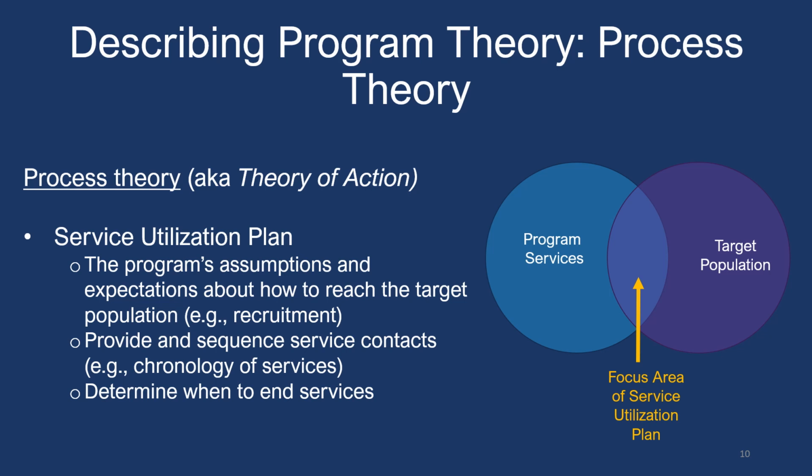I want you to refer back a few slides to the little diagram that we looked at for program theory. And you'll recall that not only does program theory include the impact theory, but it also includes the process theory. Process theory is concerned with whether the program is well situated to actually provide the services to the target population.